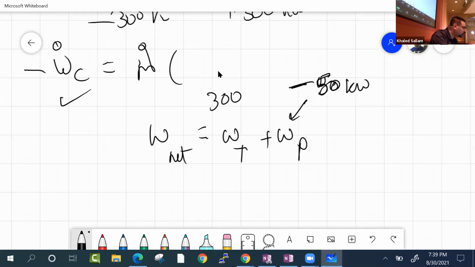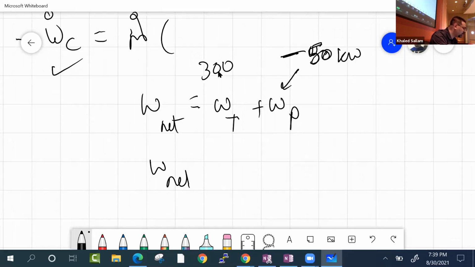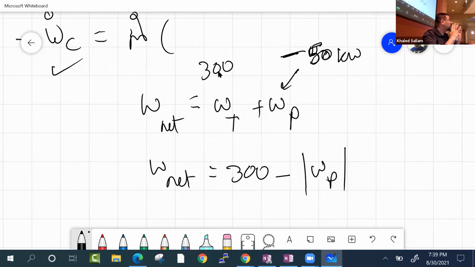If you don't want this to sound weird, then you do this: minus work pump magnitude. Now it makes sense. Work pump is negative 50. Yes, it's a pump, it takes power. But when I try to calculate work net, I say work turbine minus the magnitude of work pump.